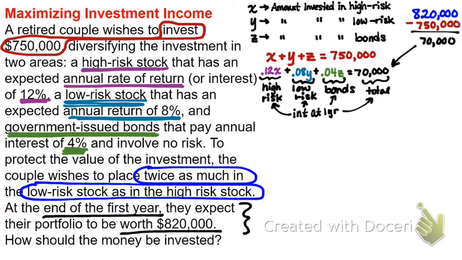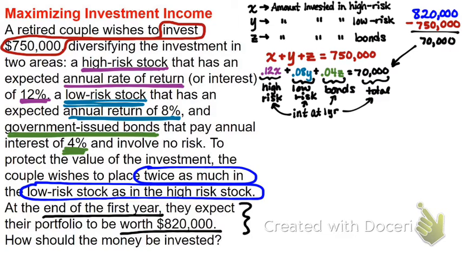Would you put a 1 in front of the number? Put a 1 in front of each of those, because that would be my initial investment plus the interest. So you could do 1.12, 1.08, and 1.04 is equal to that grand total at the end of a year. You can do it either way.